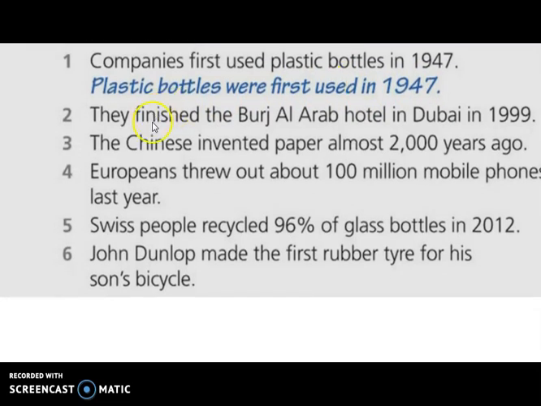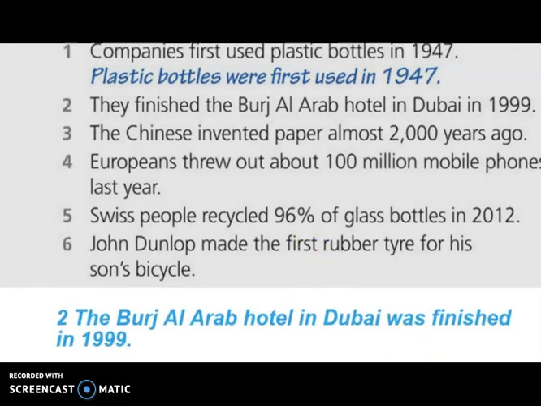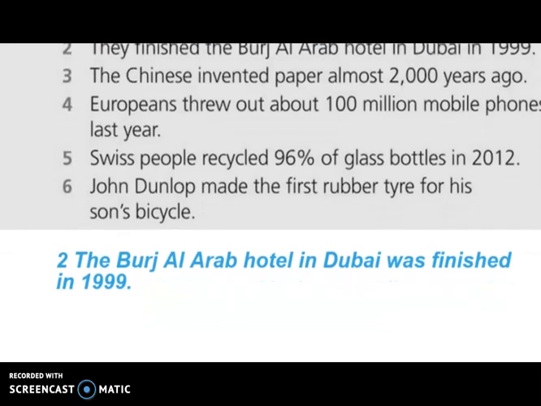Number 2, they finished the Burj Al Arab Hotel in Dubai in 1999. So the object here is the Burj Al Arab Hotel. So Burj Al Arab Hotel in Dubai was finished in 1999.